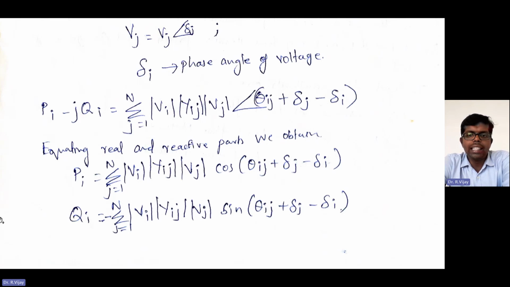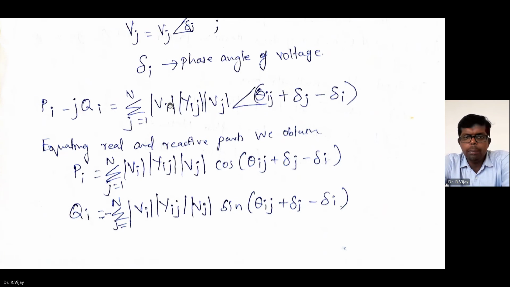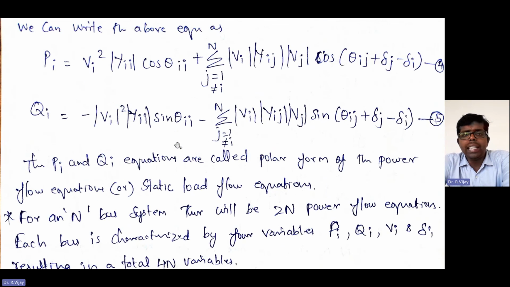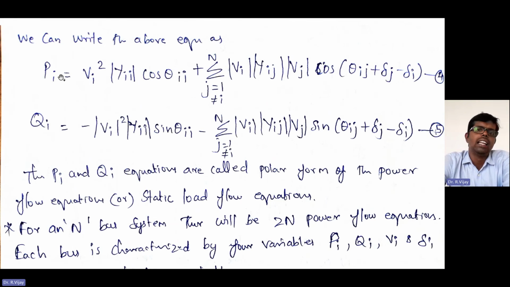Next, reactive power Qi is minus of summation j equals 1 to N of |Vi| |Yij| |Vj| sin of theta ij plus delta j minus delta i. These are the real and reactive powers. We can rewrite the above equation as Pi equal to |Vi| squared into |Yii| cos theta ii, taking the real power term alone, plus summation j equals 1 to N, j not equal to i, of |Vi| |Yij| |Vj| cos of theta ij plus delta j minus delta i.